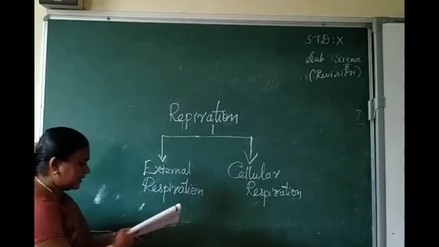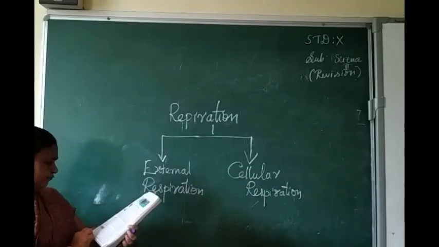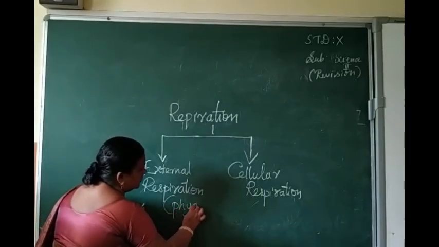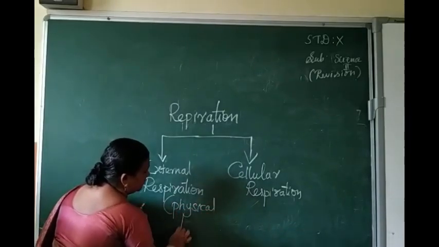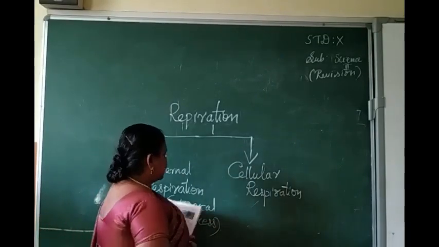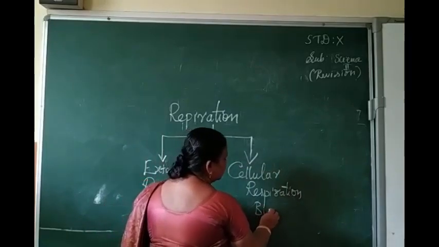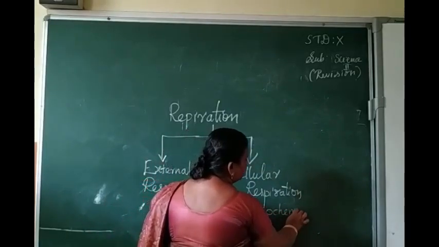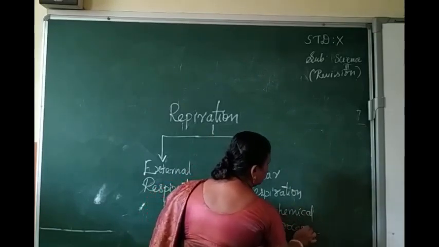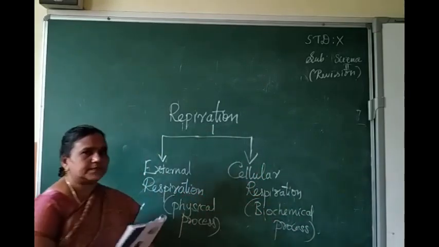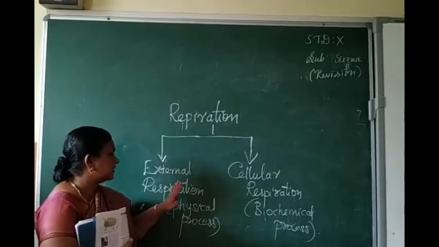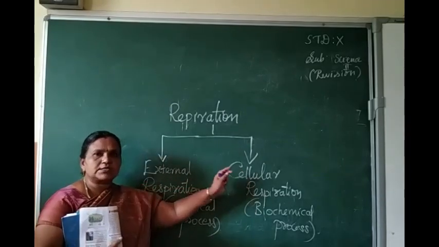This external respiration is the physical process, and this one is the biochemical process. So two types of respiration occur in plants. First one is the external respiration, second one is the cellular respiration.